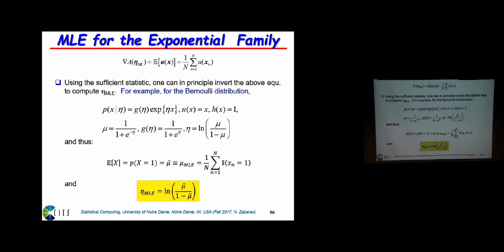Why these indicator functions? Because u of x equals x, and x can take value 1 or 0. So here is the estimate of mu at the MLE, and then how do you calculate eta? You go to this formula that uniquely relates eta and mu, and you say eta at the MLE is log of mu bar divided by 1 minus mu bar.